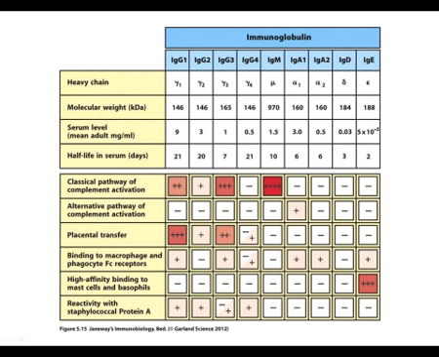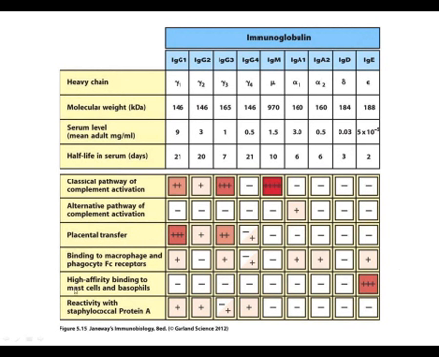And each of these, like we've mentioned before, have different properties. Some are very, very good at activating complement, like IgM and IgG, particularly 3, 1, 2. Some, like IgG 1 and 3, are very good at transferring across the placenta.